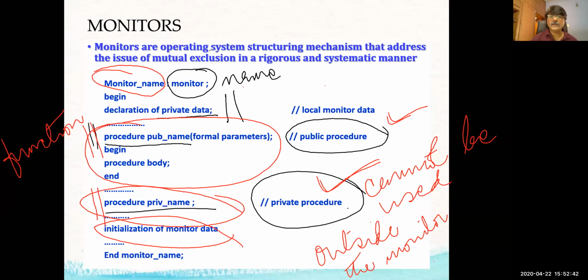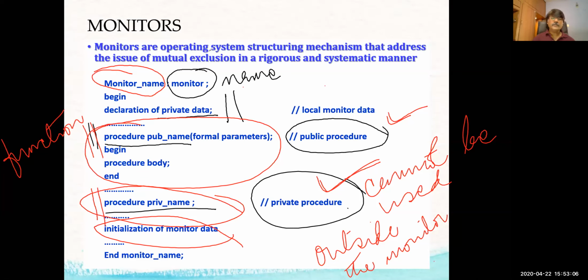It is same like a typical Java program, where in a Java class we can declare public methods and private methods, public functions and private functions, and data as private or public. Public data and public functions can be accessed by outside process, but private data and private functions cannot be accessed by outside process. That is the meaning of public and private here.